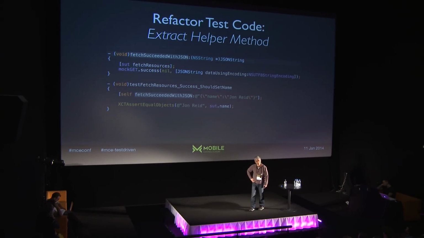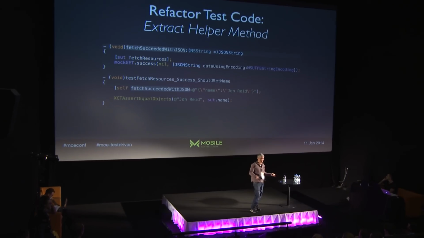I want you to imagine now, if you had a test like this for your JSON parsing, how hard would it be to write the second one? Very, very simple. You just do it. This is the power of refactoring test code to make your tests expressive.